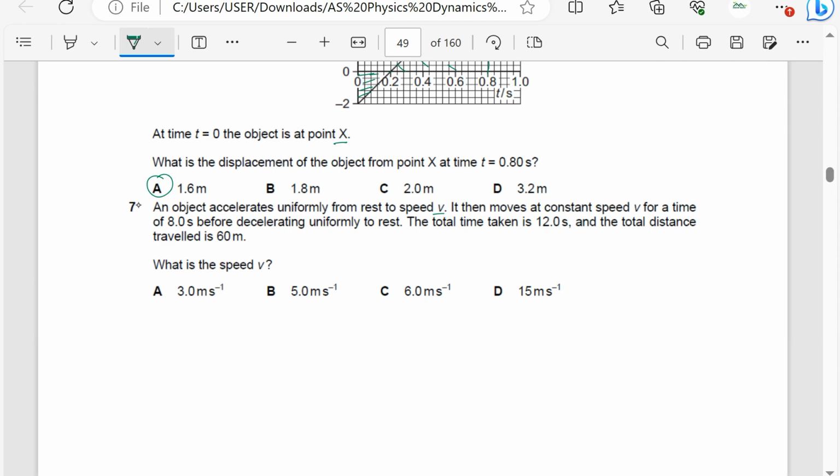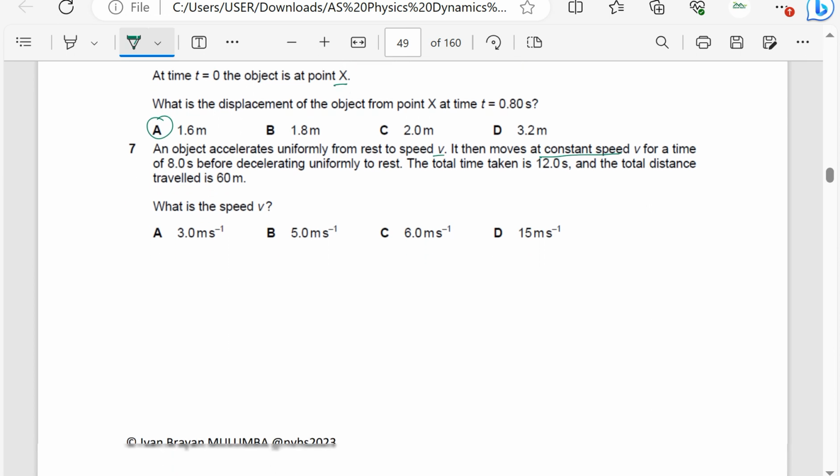An object accelerates uniformly from rest to speed v. It then moves at a constant speed v for a time of 8 seconds. I will sketch this for easy understanding. So I'm sketching a graph of velocity with time. It first accelerates uniformly from rest to a speed v.